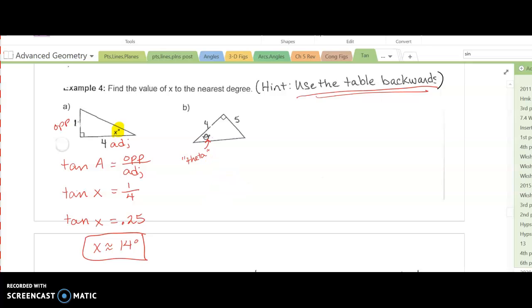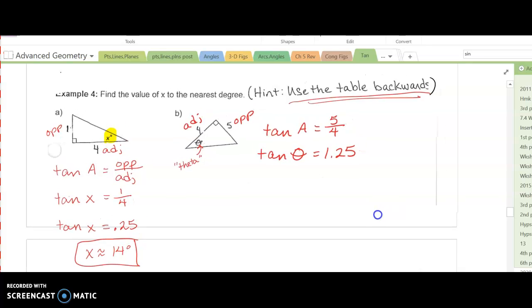Okay, so you're still setting this up as tangent of angle A. It's just now going to be tangent theta equals, let's see, opposite is 5, adjacent is 4, so 5 over 4. So 5 divided by 4 is 1.25.